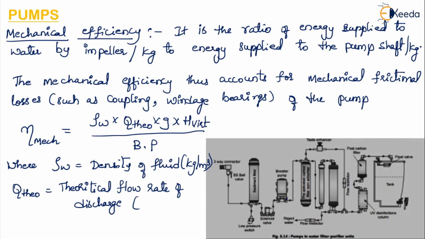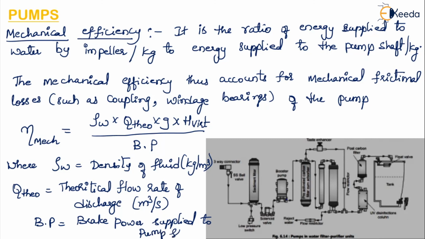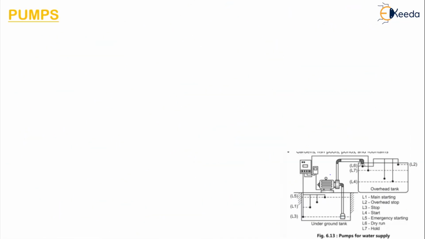So this is denoted in meter cube per second, and BP is the brake power supplied to pump shaft. It is in kilowatt because it is power.